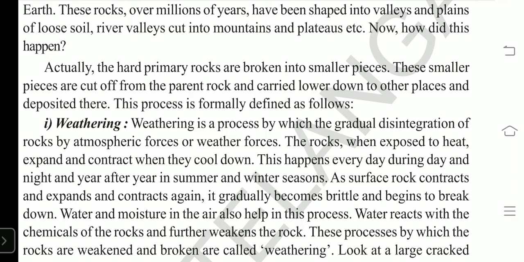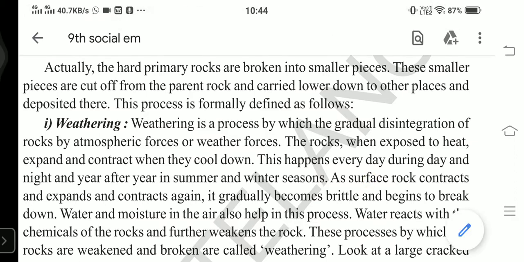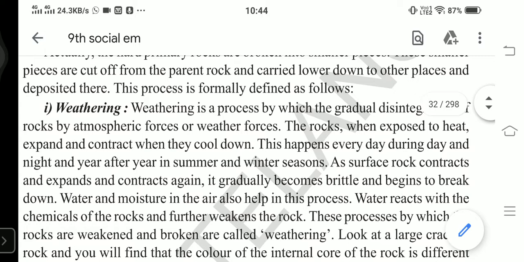The rocks, when exposed to heat, expand, and when they cool down, they contract. So this happens every day, every night, year after year, in all seasons, in summer and winter, right? So the surface rock contracts and expands and again contracts. So it gradually becomes brittle, then begins to break down, right?